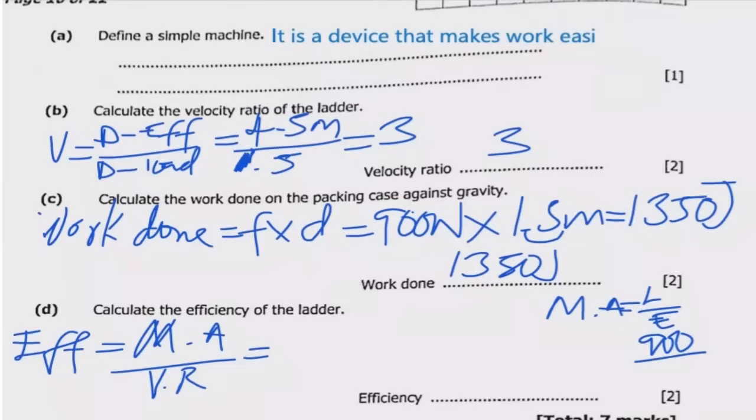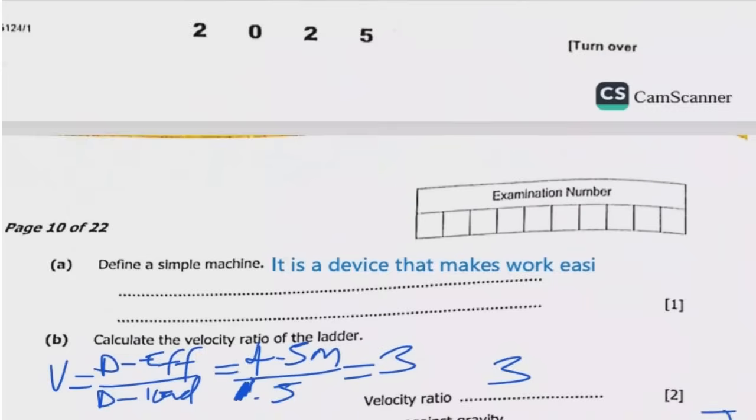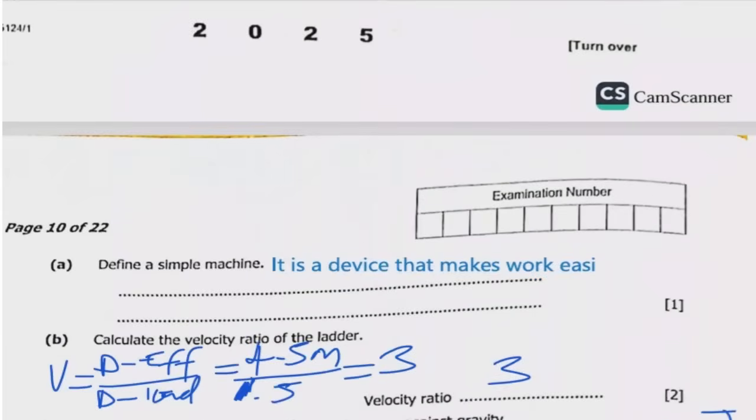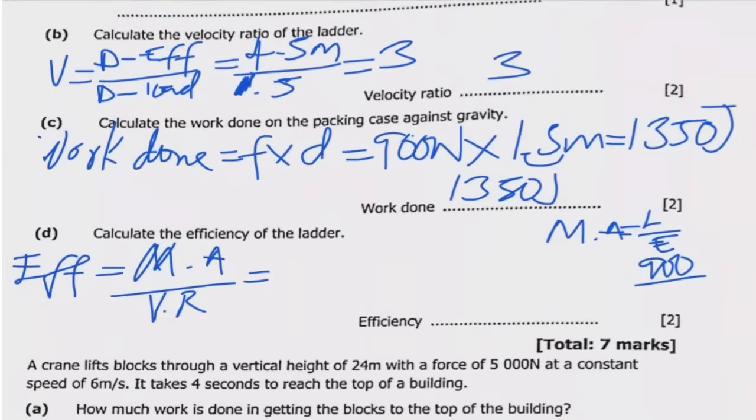When you go to the statement, it's pulling the suitcase of 900 Newton and applying the force of 450 Newton. So the load is 900 Newton and the effort is 450 Newton. When we divide that, we get the mechanical advantage, which is 2. So now we can put 2 here as the mechanical advantage.